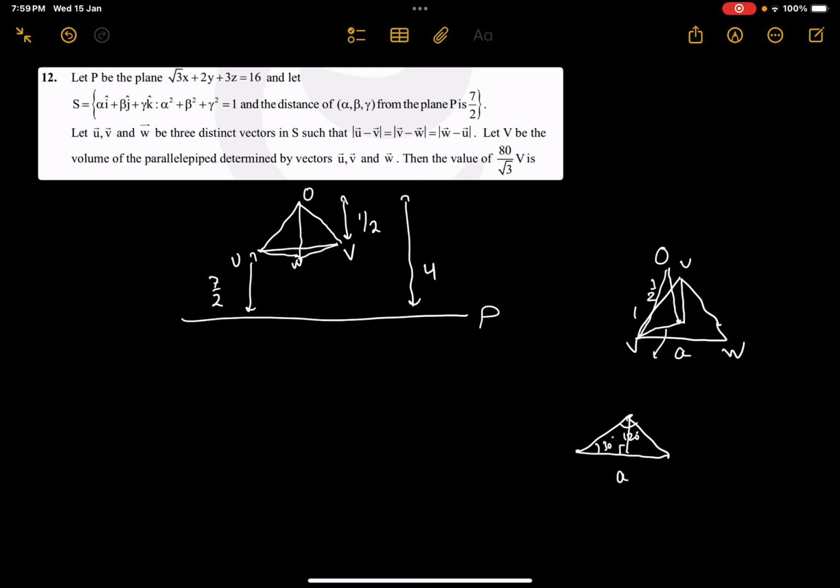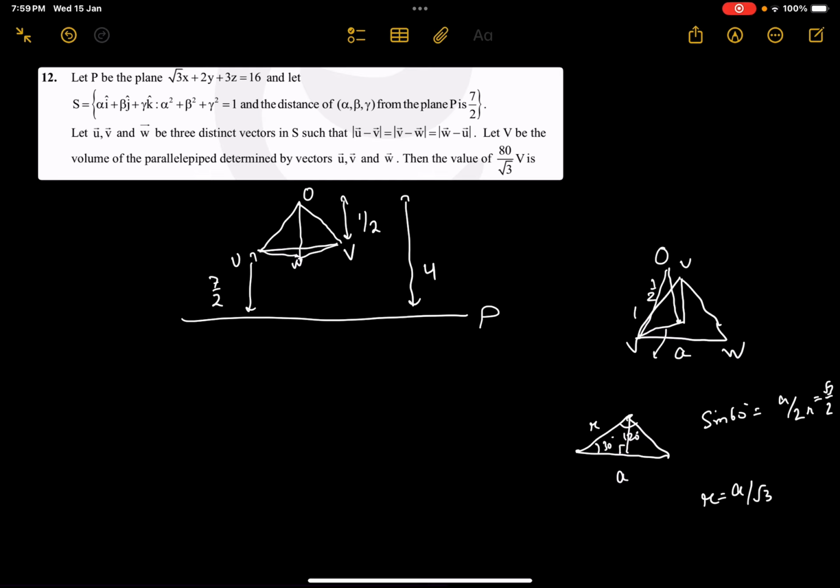So this length is say R, then we have sine of 60 degree is equal to A upon 2R, which is root 3 by 2. That gives us R is A upon root 3.